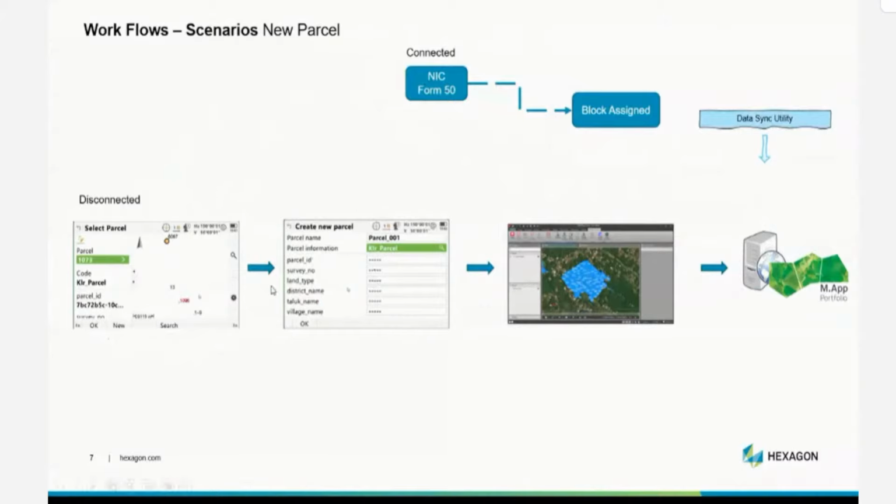If the surveyor selects B016, which is part of one district name, taluk name and village name, it will automatically populate. But of course, the survey number has to be typed. The land type, whether it is agriculture land or a fallow land, all of that should be typed here.